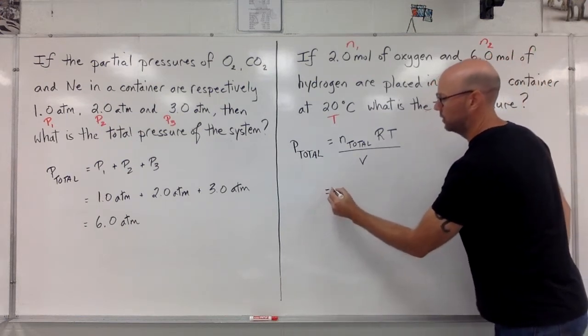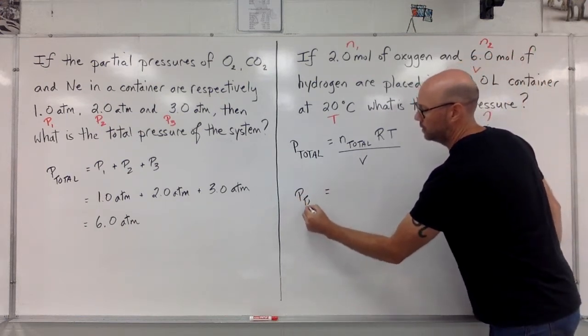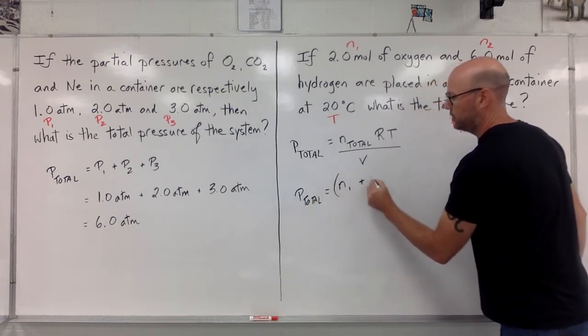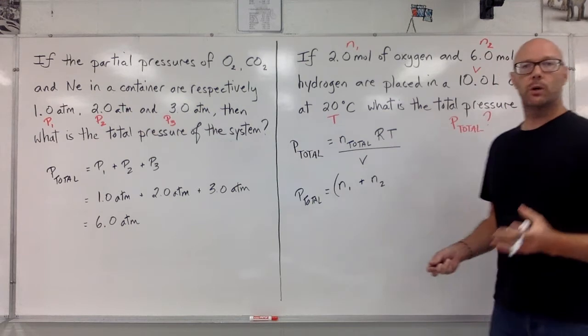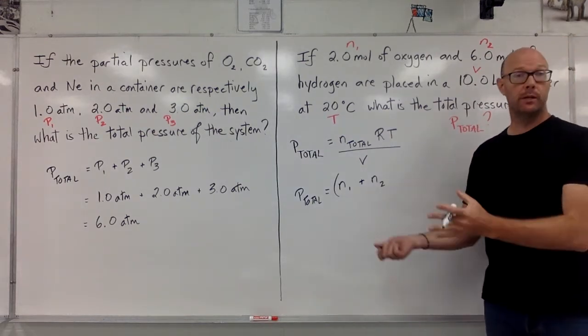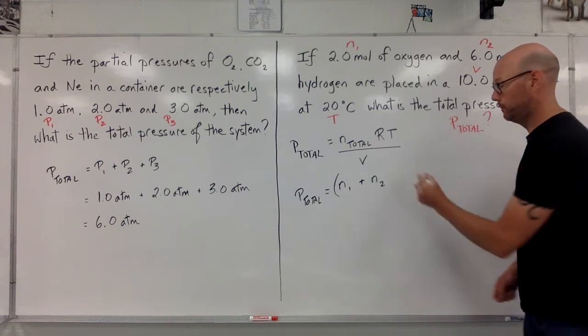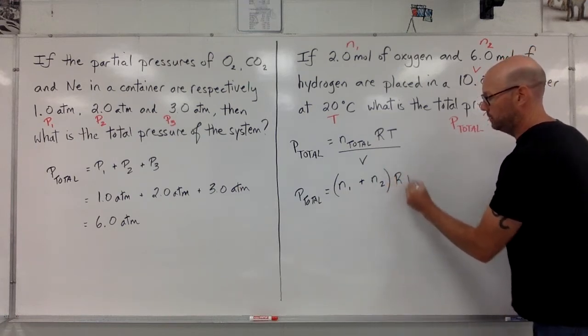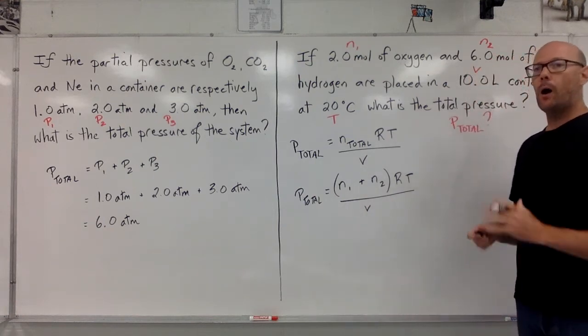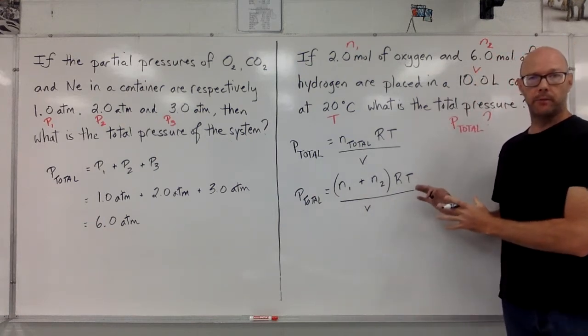This equals, so the P total, it's the N1 plus N2. This question only has two gases, so it's just N1 plus N2. There might be three gases in a different type of question. This times RT over V.